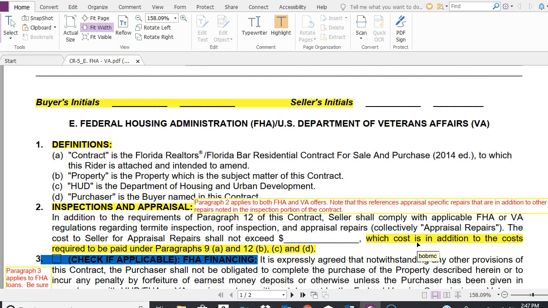These are called VCs, or valuation contingencies, on an appraisal, and they are things that in order to lend money with that type of financing, they're going to have to be addressed either by the buyer or the seller.